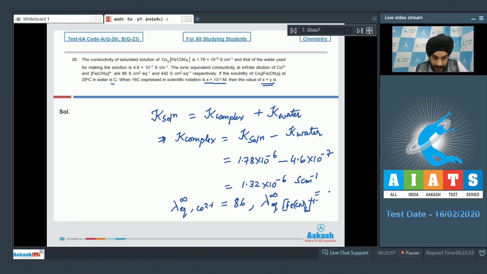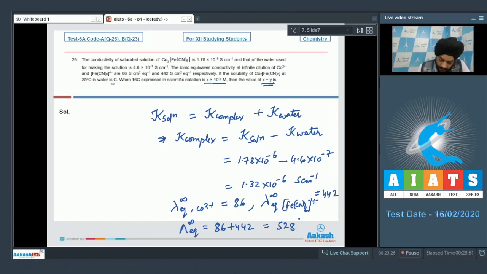So it has a lambda equivalent equal to 442 Siemens centimeter square equivalent inverse. So we can talk about the lambda EQ of the complex at infinite dilution. So it will be equal to the sum of both these numbers. So 86 plus 442, this is equal to 528.